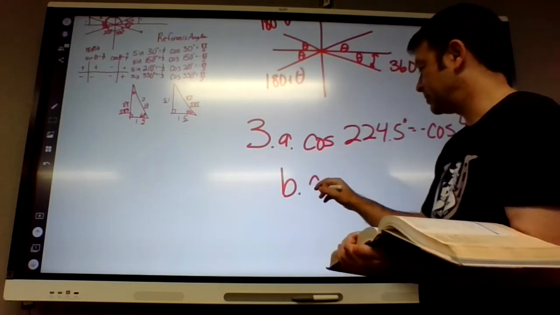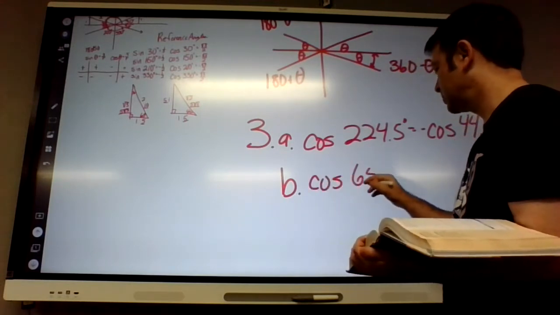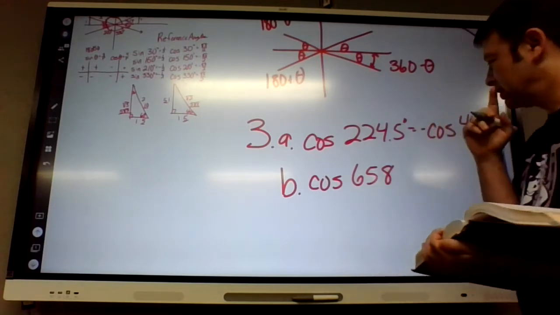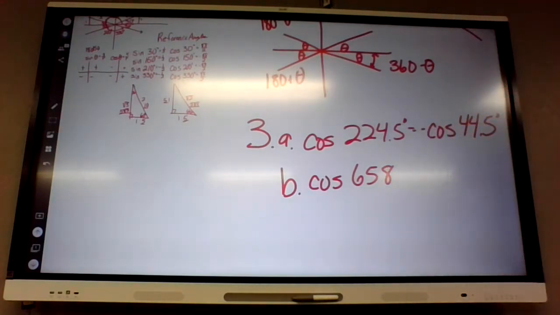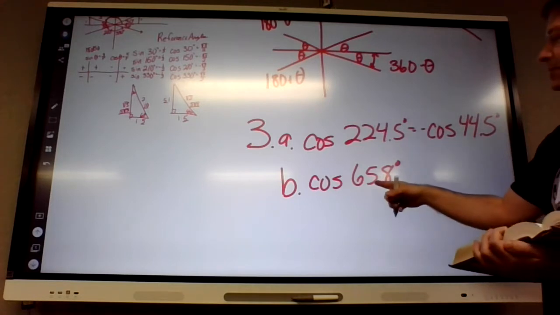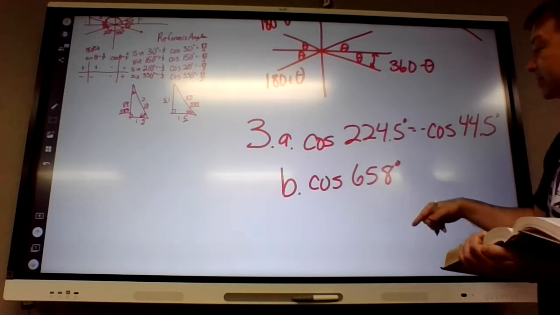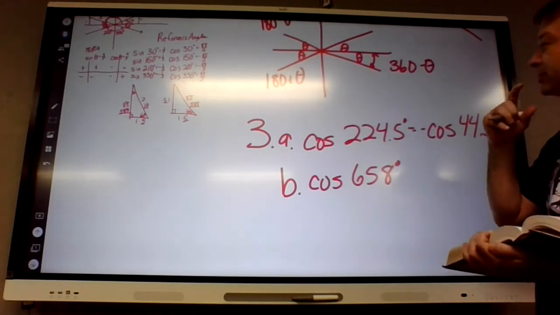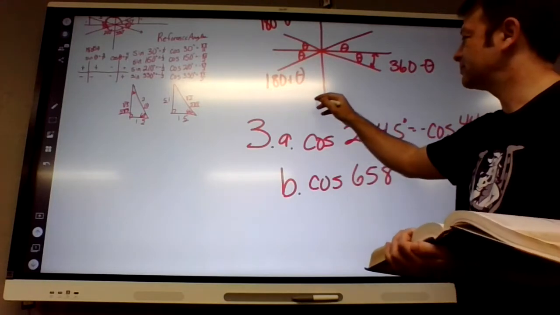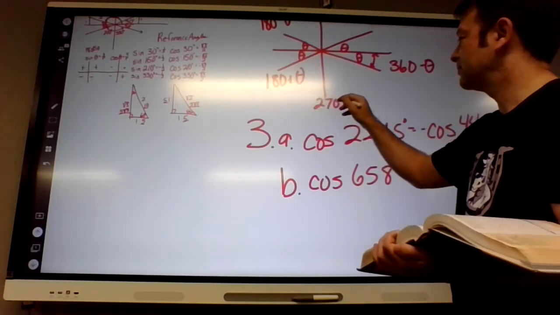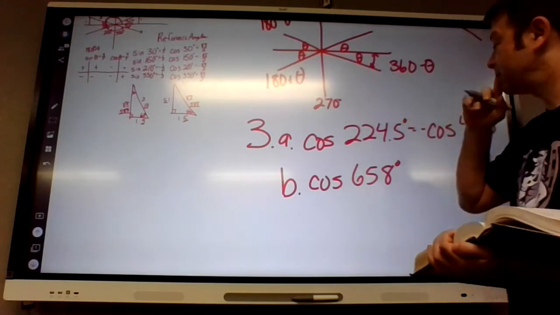Cosine of 658. Okay, 658, if we unwind one revolution, minus 360. So if it was 660, it would have been 300, so it's like 298. What quadrant would 298 be in? Somewhere in there, yeah, fourth quadrant.